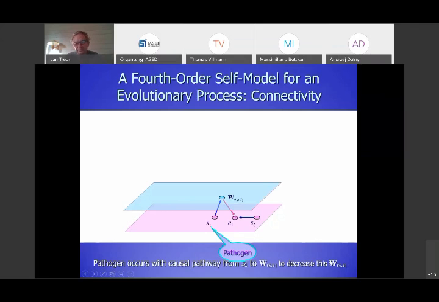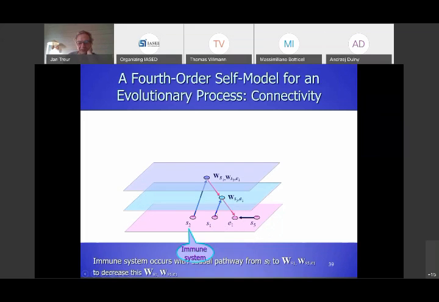So that makes this value become lower, and therefore this pathway doesn't work so well anymore. That's what this pathogen does. Then for this causal pathway of the pathogen, we need the immune system to affect that one. So we need a state to represent the connection weight for this arrow, and that's this one. So that's what the immune system does.